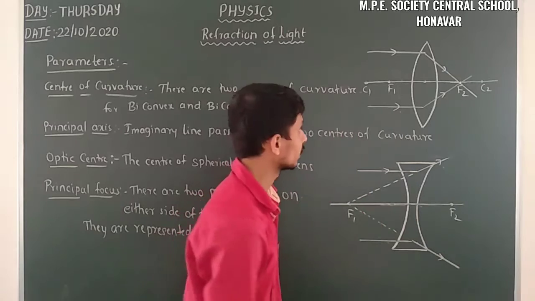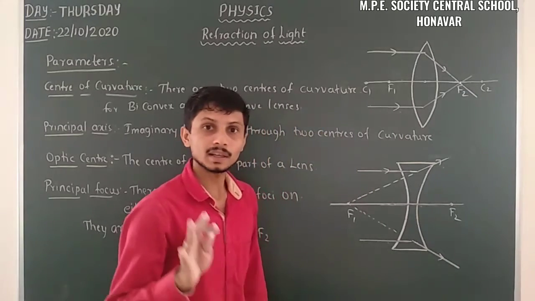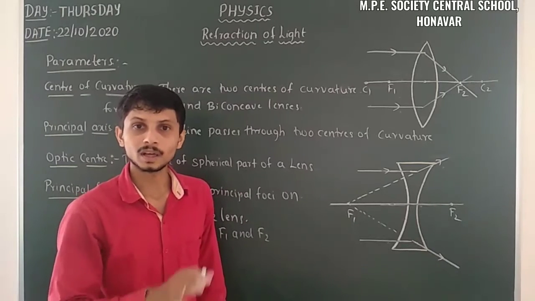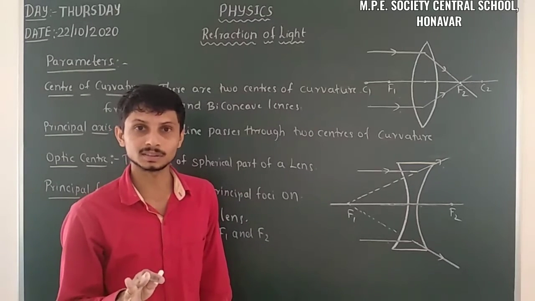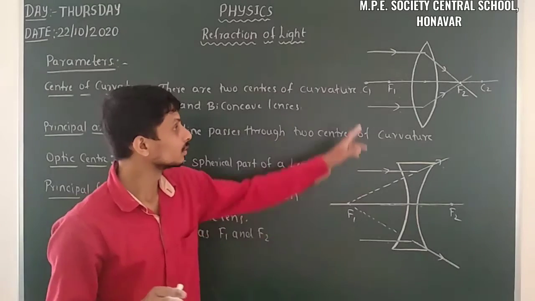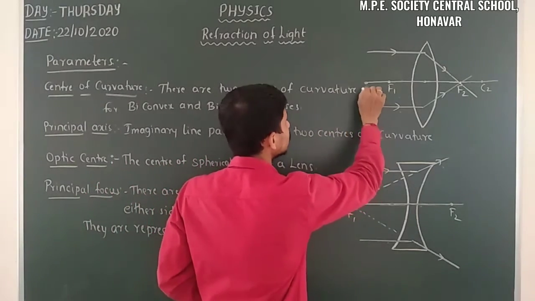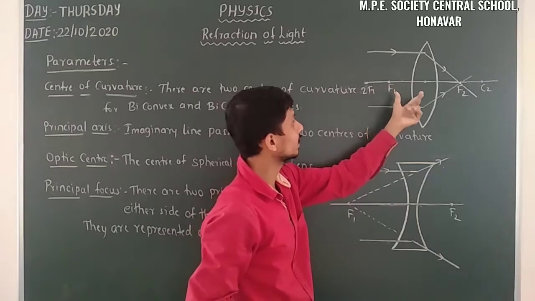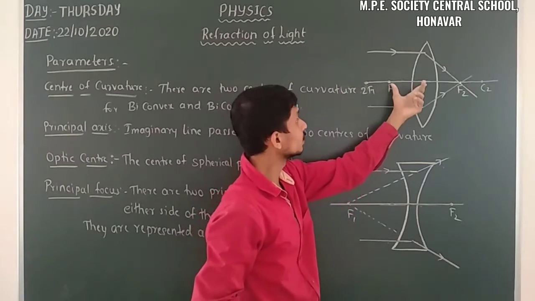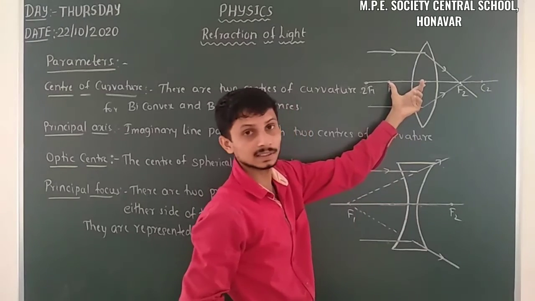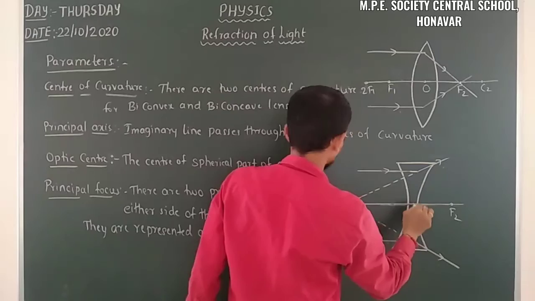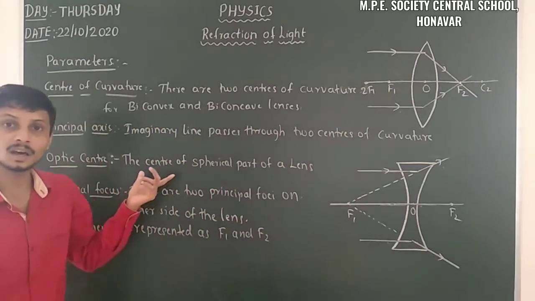Another term here: in lenses we are not using the center of curvature. We are using 2F1, that means two times F1, double this distance that we have taken as F1. The optic center we represent as O.